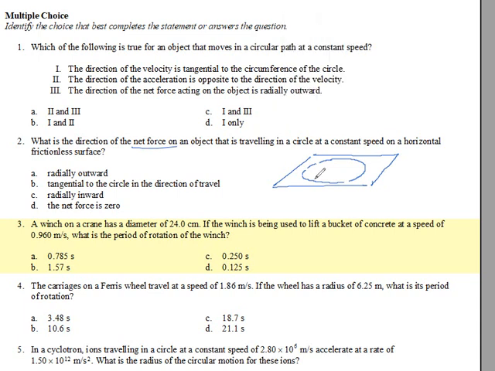Well, we just saw that. The net force is always in towards the center, so it'll be that way and that way, like gravity. Always in towards the center, or we call it radially inward. Fair enough? All right.